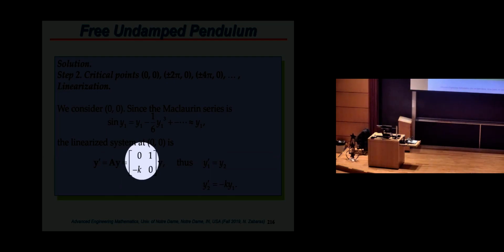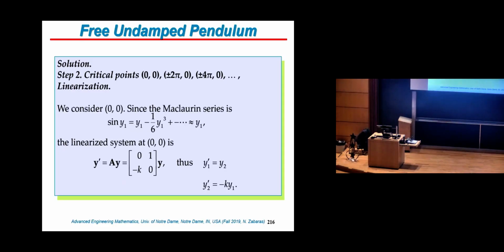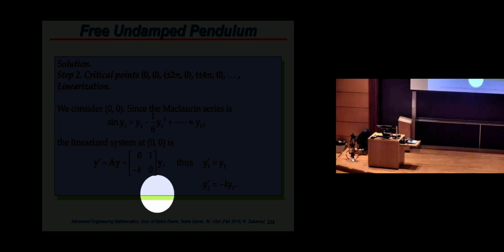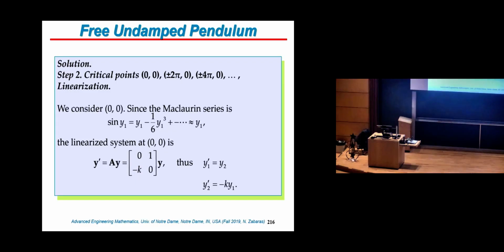So look at this matrix and tell me what type of critical point the 0, 0 point is. How much is p in this picture? What is p?